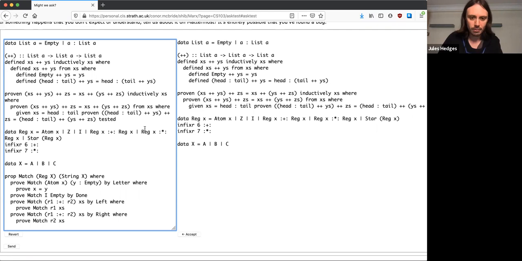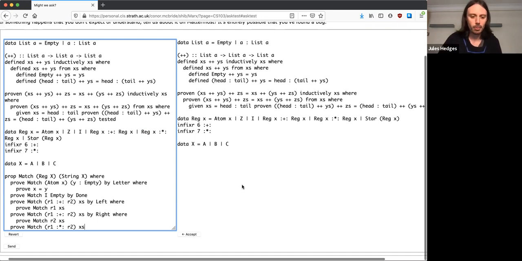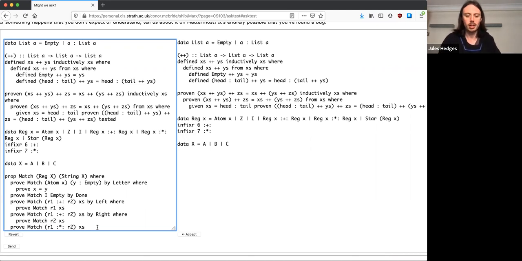Okay. So the next case we have to deal with is times. So when does a string match R1 times R2? Well, exactly when X's can be split into the concatenation of two strings, where the first matches R1 and the second matches R2. So I'm going to say by split, and then I'm going to have to give parameters of this proof rule saying what this split is.